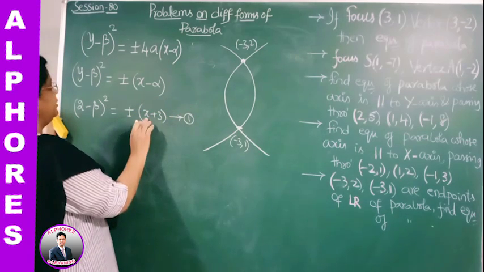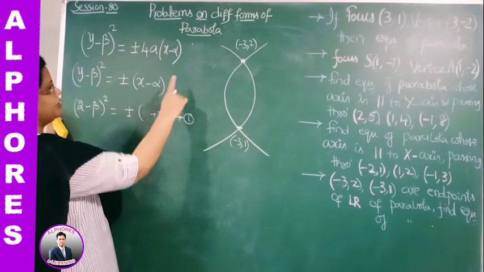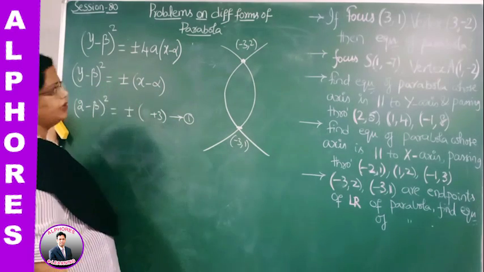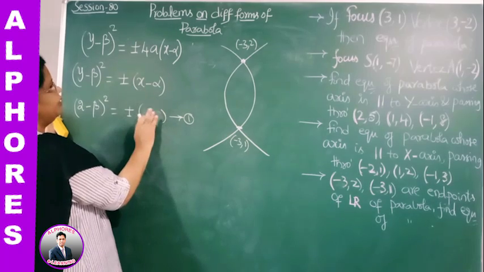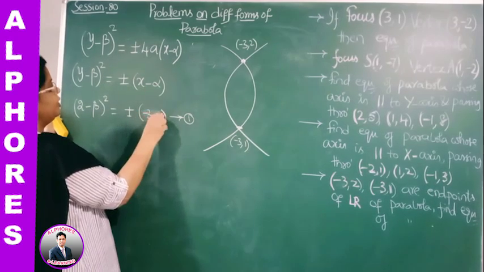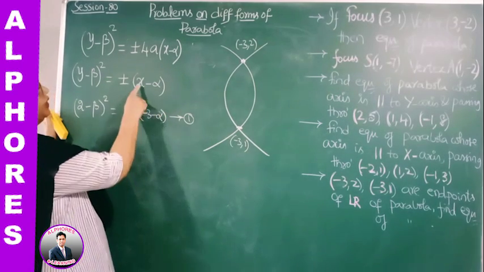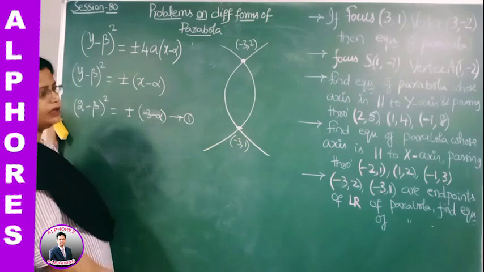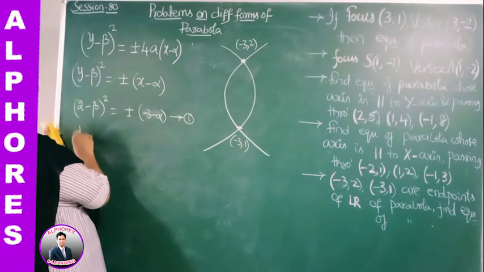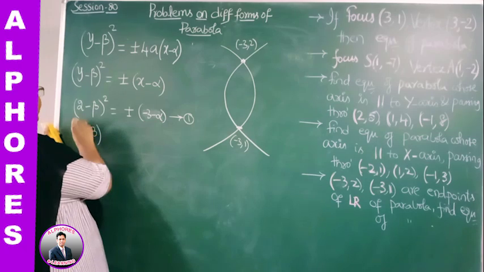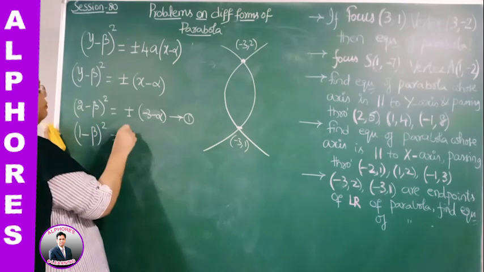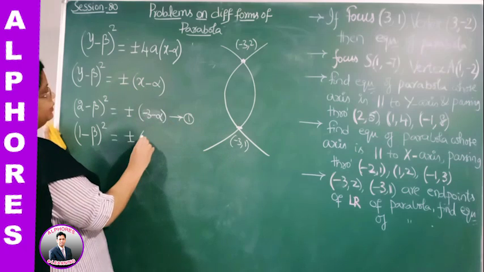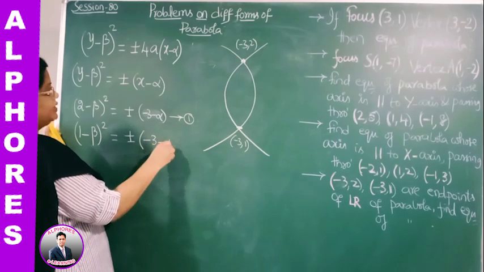And for the next value, x is how much actually? This value we are substituting for x and y. So here this is minus 3 minus alpha. Okay, for x we are substituting. And next I am substituting minus 3 comma 1. So this is 1 minus beta whole square is equal to plus or minus, and this value is x, that is minus 3 minus alpha.